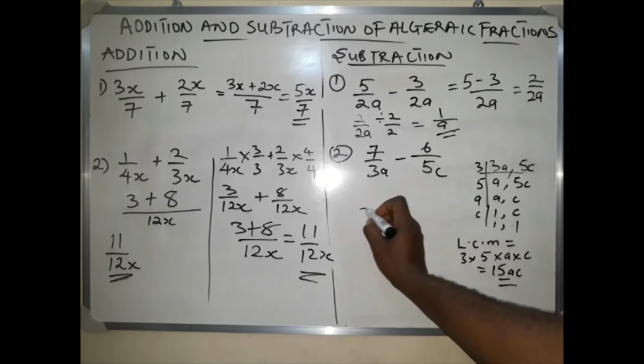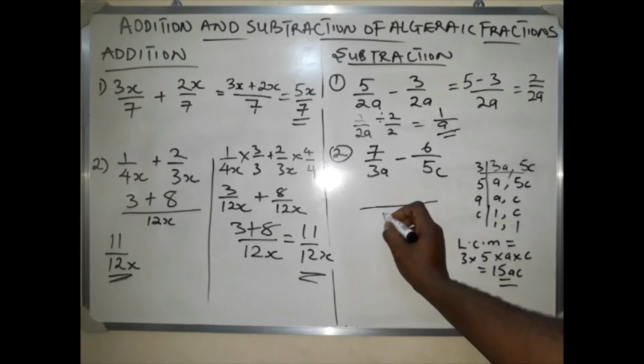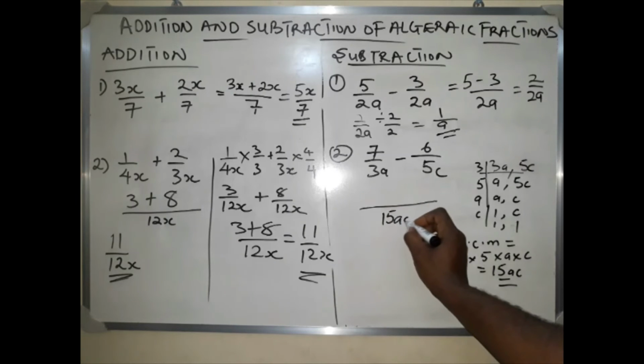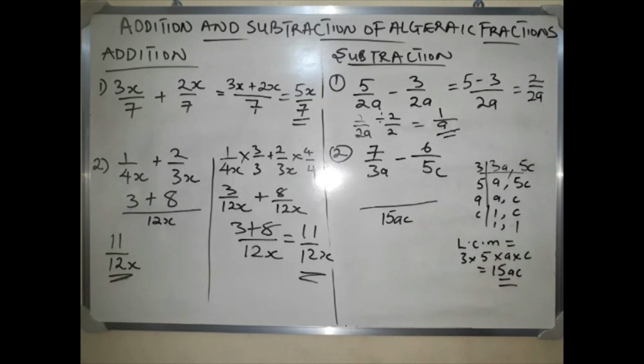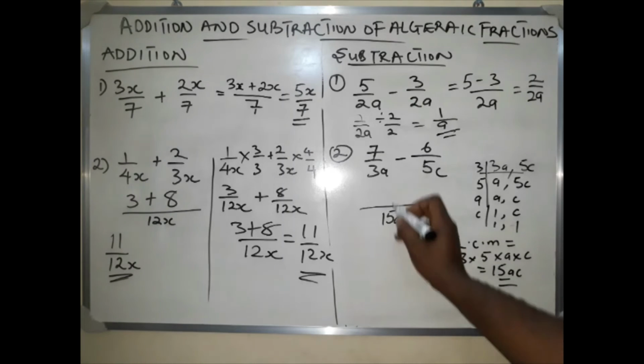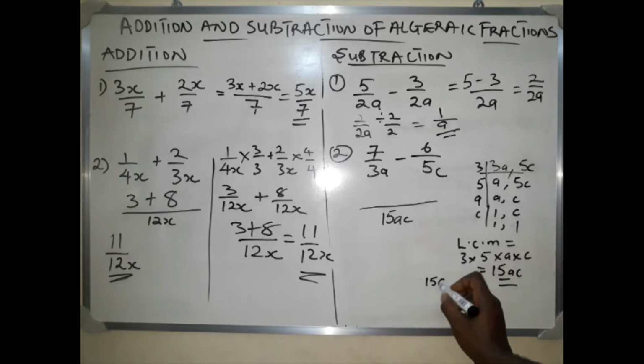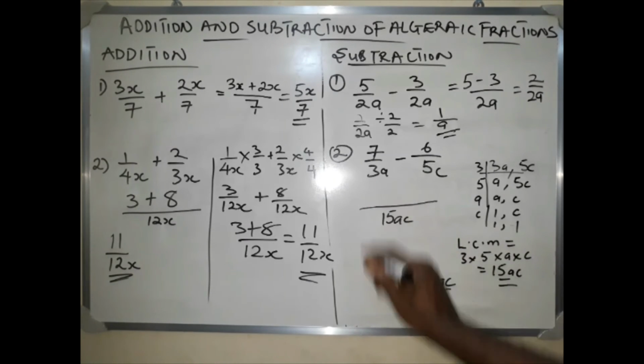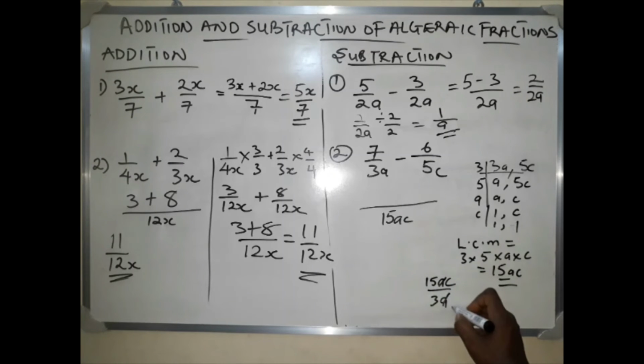So what we'll do, we'll draw a line here and we'll put 15ac underneath. So we do like we did in this case here. We're going to say 15ac divided by 3a. We cancel a, and 3 we divide 15 to give us what? 5c.